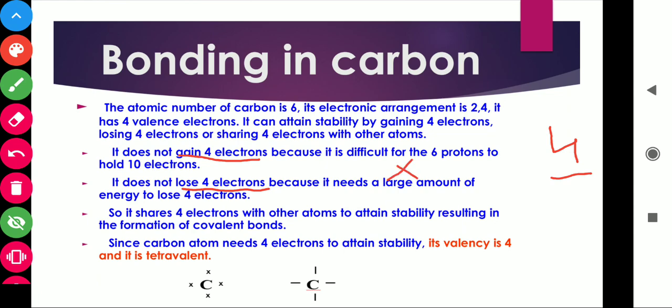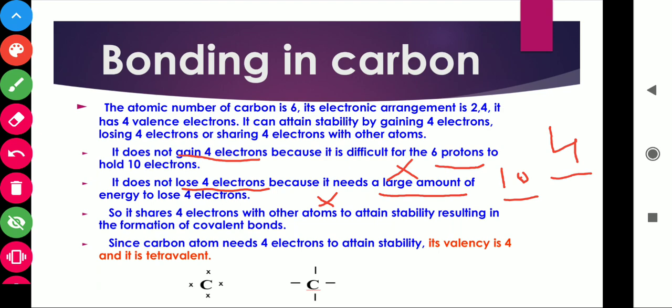But this is not possible. On gaining 4 electrons, 6 protons plus 4 electrons gives 10 electrons against 6 protons, which is not possible. While losing 4 electrons, it requires a large amount of energy to withdraw 4 electrons.